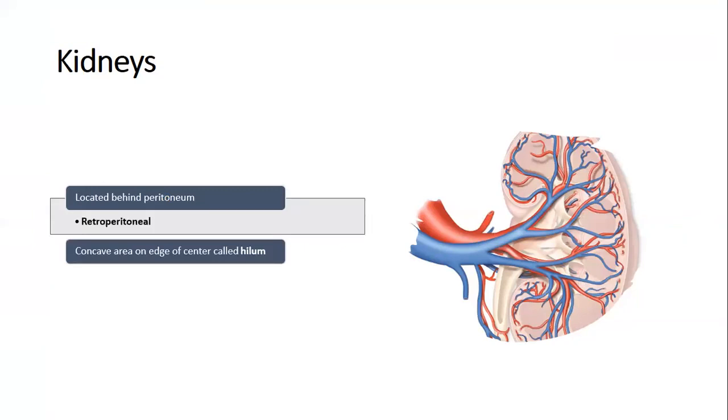All the urinary system is located retroperitoneal, and many surgical operations use the retroperitoneal approach. The hilum consists of renal arteries entering the kidney, and the renal vein leaves the kidney, and the ureter also leaves the kidney.